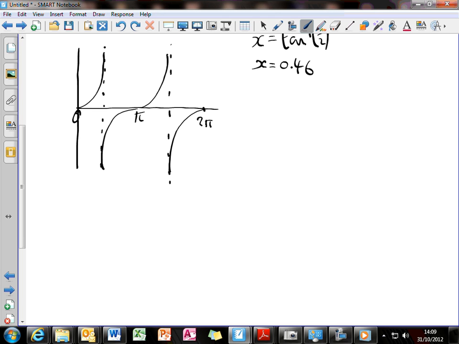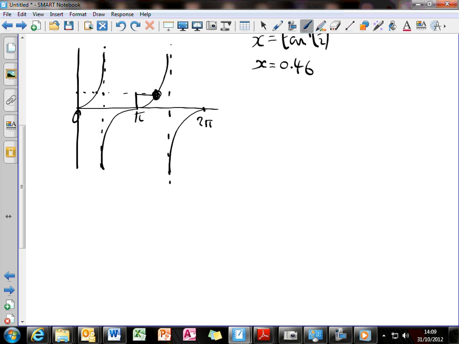Okay. So one of the solutions when the angle is a half is going to be 0.46. So I'll come across here and it's got a value of 0.46, something like that. And the next time it's at that value is going to be pi plus 0.46, because it's going to be that much more there.